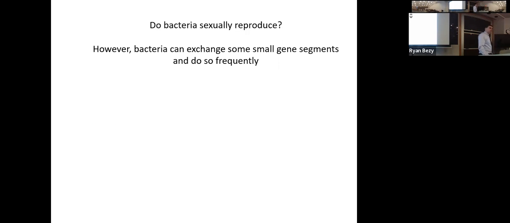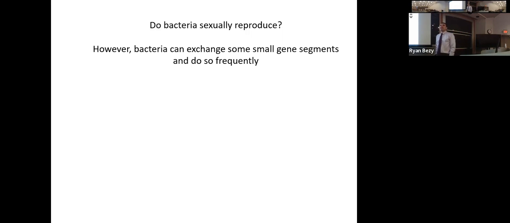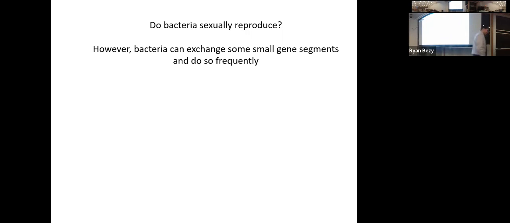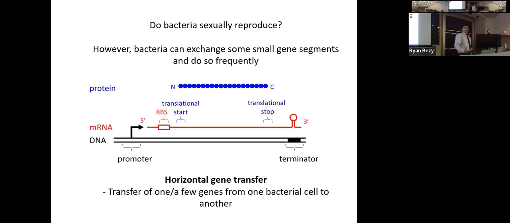What ends up happening is bacteria can often exchange small gene segments, and they tend to do so pretty frequently. They might not grab all of the DNA, but they might grab a gene. When they pick up a gene segment or a few gene segments, this is called horizontal gene transfer. I'm going to show you a diagram that helps make this make more sense in a second.